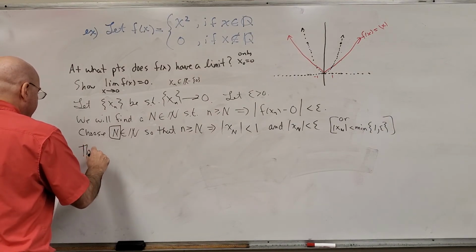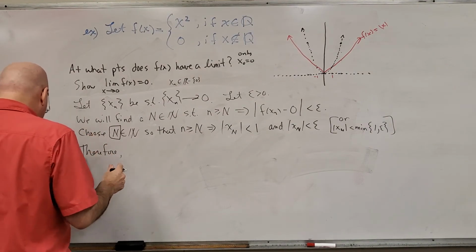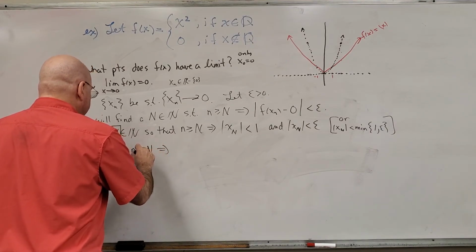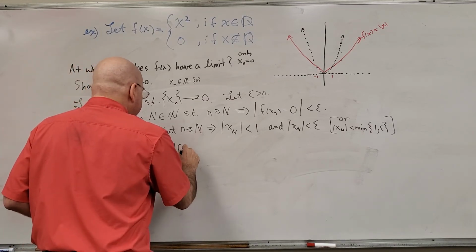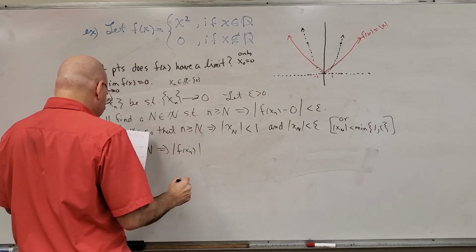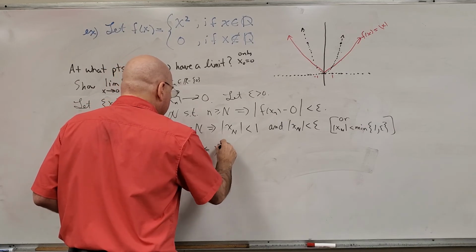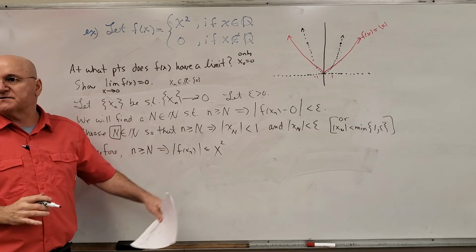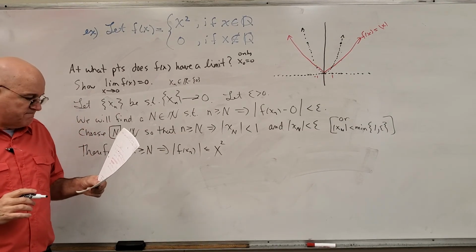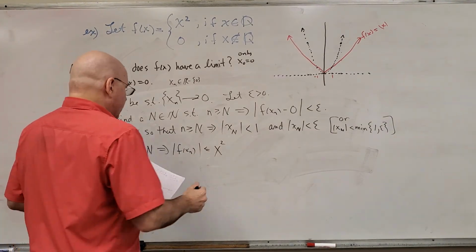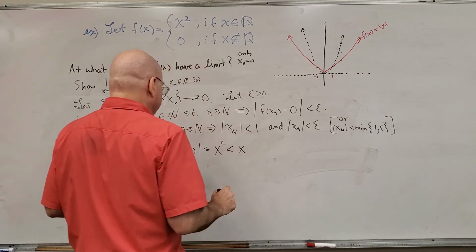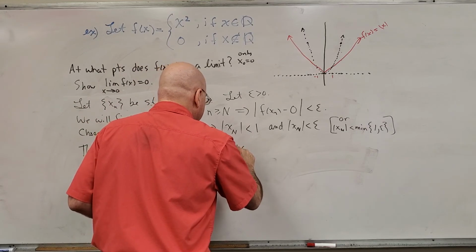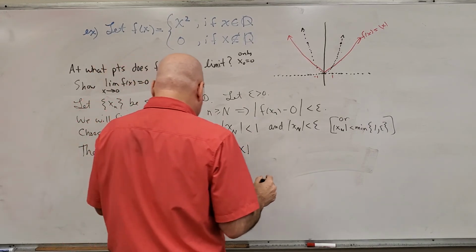Therefore, our last line, n greater than or equal to capital N implies that f of xn, which is less than or equal to x squared, remember that from last time. I left off the absolute values because x squared is always a non-negative number. And that's less than, I guess I should put less than absolute value of x.